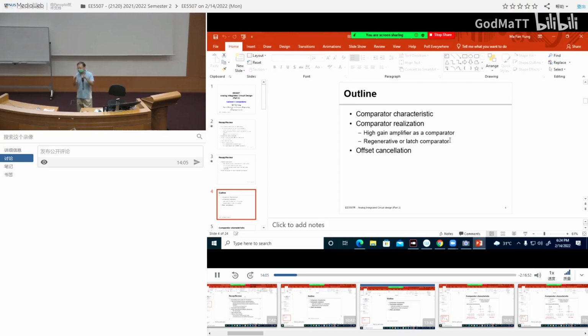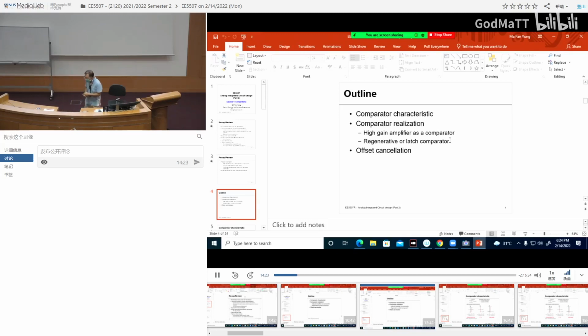Then you'll find that even if you draw exactly the same, after manufacturing, when you measure, they are not the same. So there will be a slight difference, and this difference is what we call mismatch.